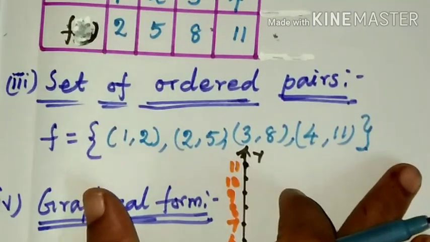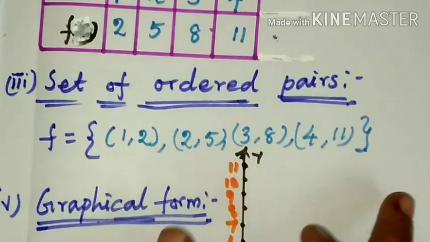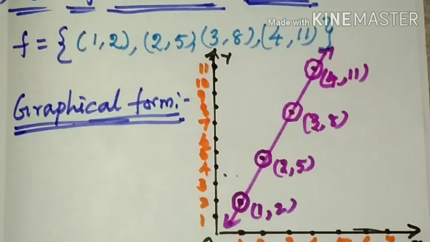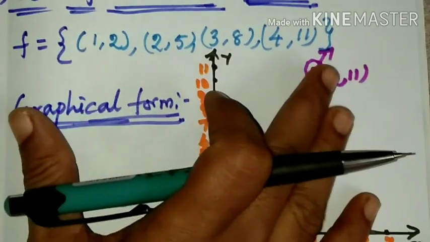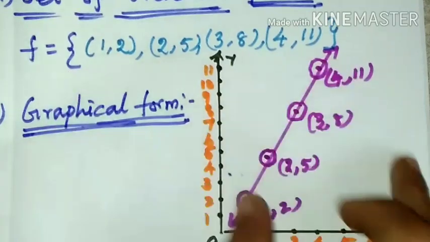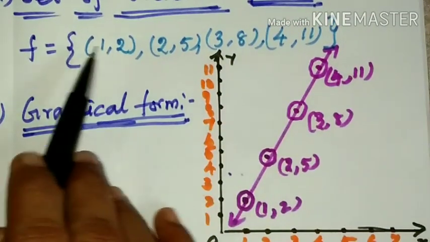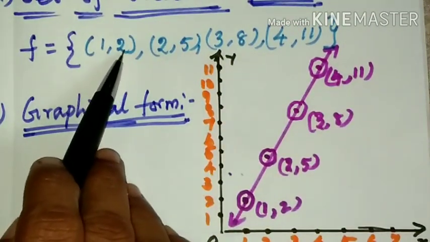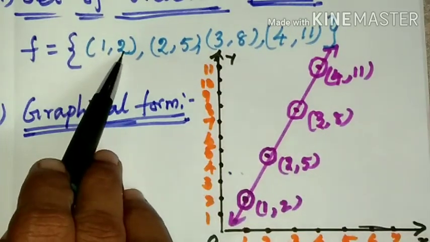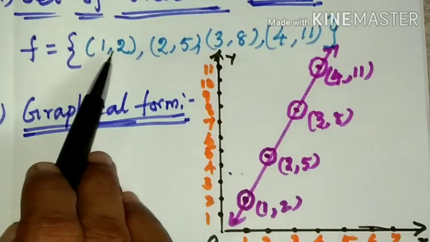This is the set of ordered pairs form. The next and last heading is graphical form. Now we have to plot these ordered pairs in the graph. See the first point 1, 2. Here 1 belongs to the x coordinate and 2 belongs to the y coordinate.